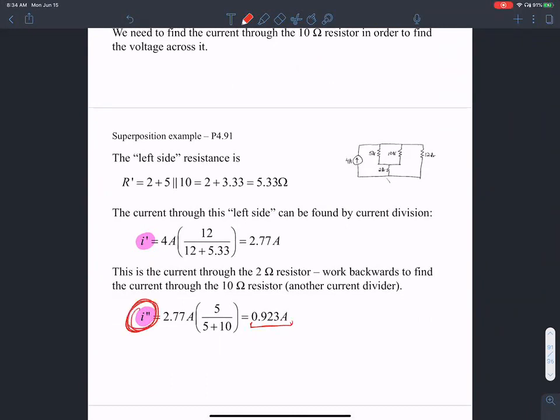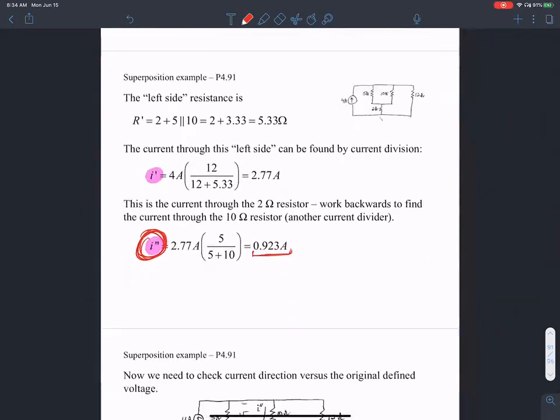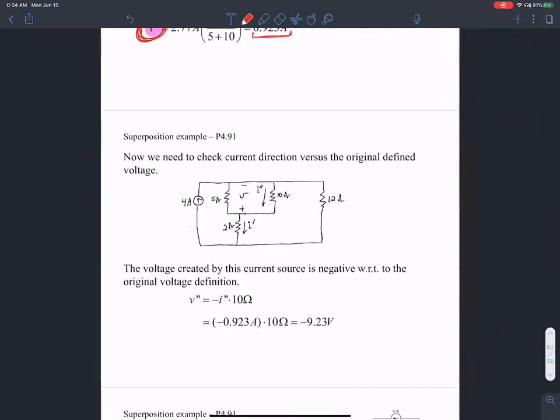Okay, the amount of current flowing through this is 0.923 amperes. So when I multiply that by 10 ohms, the current flowing through this is I double prime, and to account for the proper current directions, I get a value of V double prime equals negative 9.23 volts.